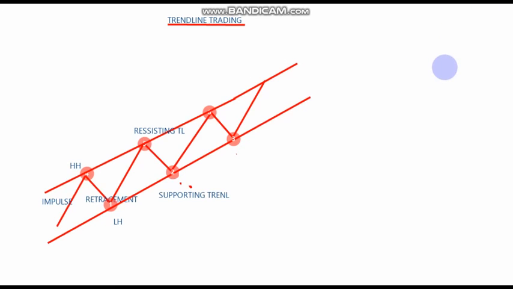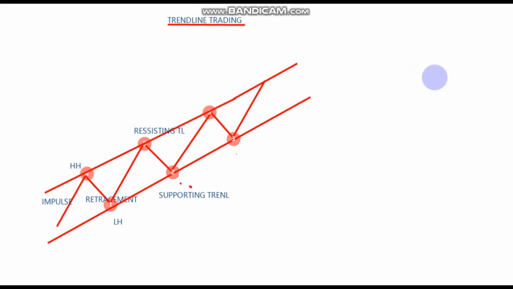So once you have the first touch, second touch, when it's coming back to touch this trend line the third time, you can take a buy. When you take a buy, you have a high probability to win the trade because you can set your take profit around this area, your first take profit around this area, second take profit around this area. Guys, that's how you make money for forex trading.